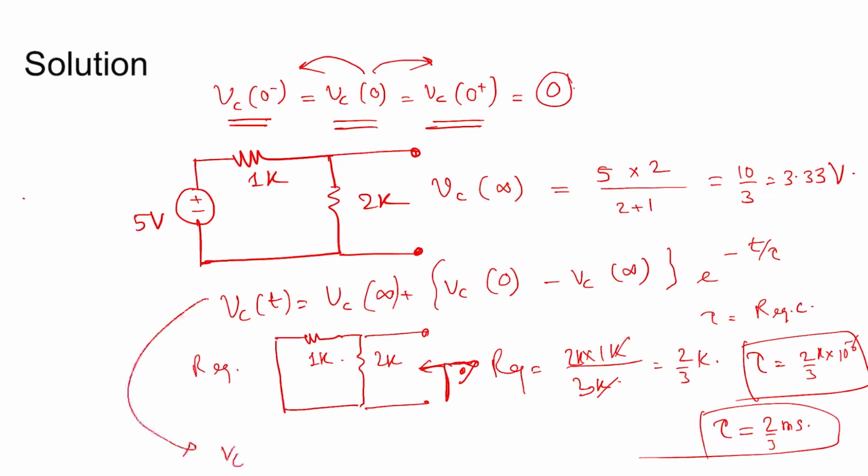So now applying this theorem, Vc of t equals Vc of infinity, which is determined as 10 by 3, plus Vc of 0, which is 0, minus 10 by 3, into e to the power minus t by 2 by 3 milliseconds.